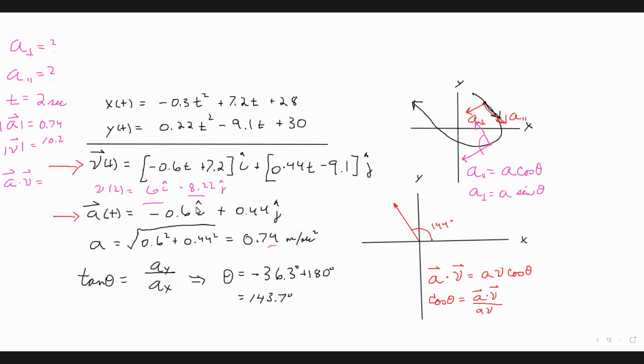So that involves multiplying the x component of A and the x component of V, and the y component of A times the y component of V. So let's see.